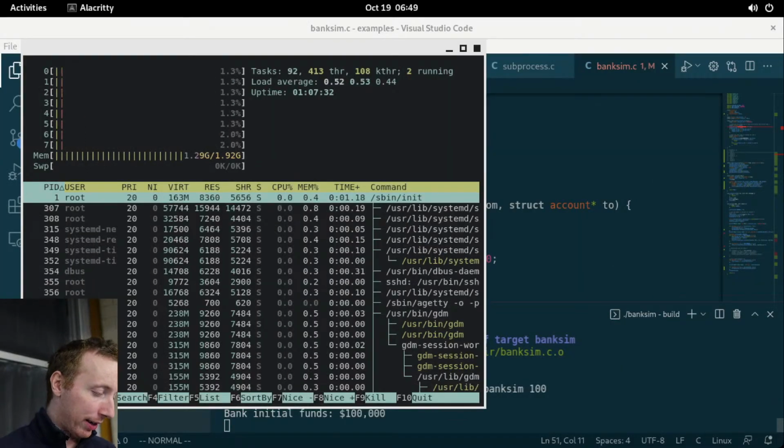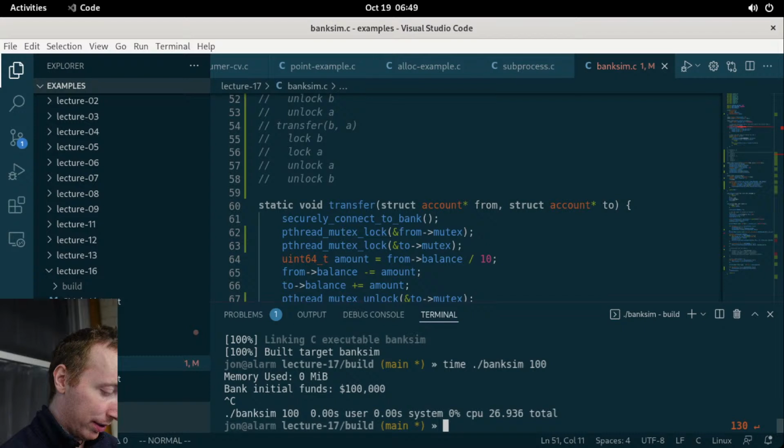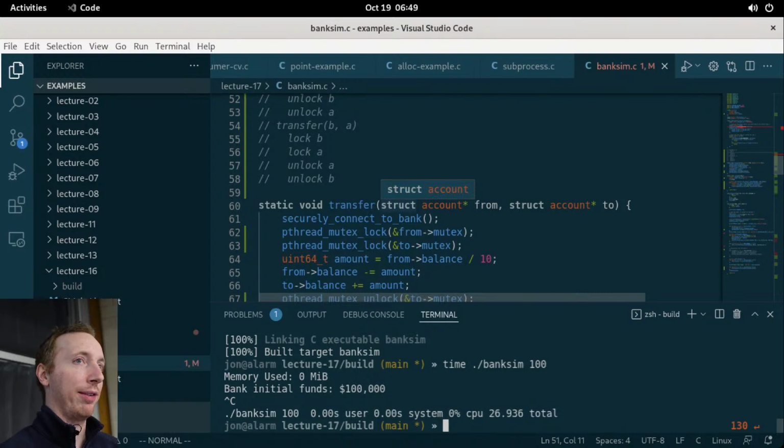We can look at our CPU usage. They're all just sitting there kind of waiting around. Our CPU's not doing anything. Everything's just kind of all screwed up. So if we kill it, we killed it at 29 seconds. There's quite obviously a deadlock. So how would I fix it if I don't want to do our good solution? So if I want to keep acquiring two locks and hold two locks at the same time.